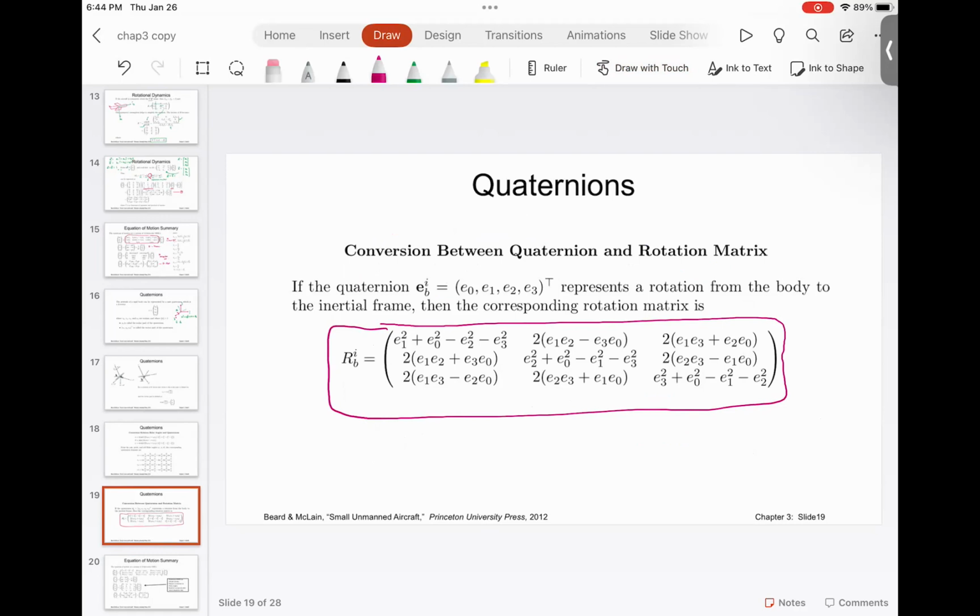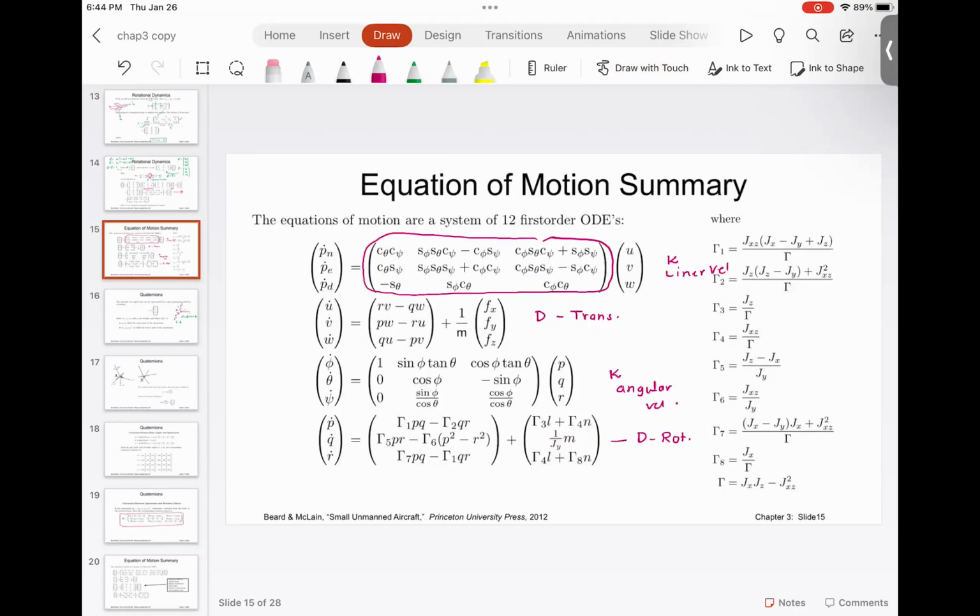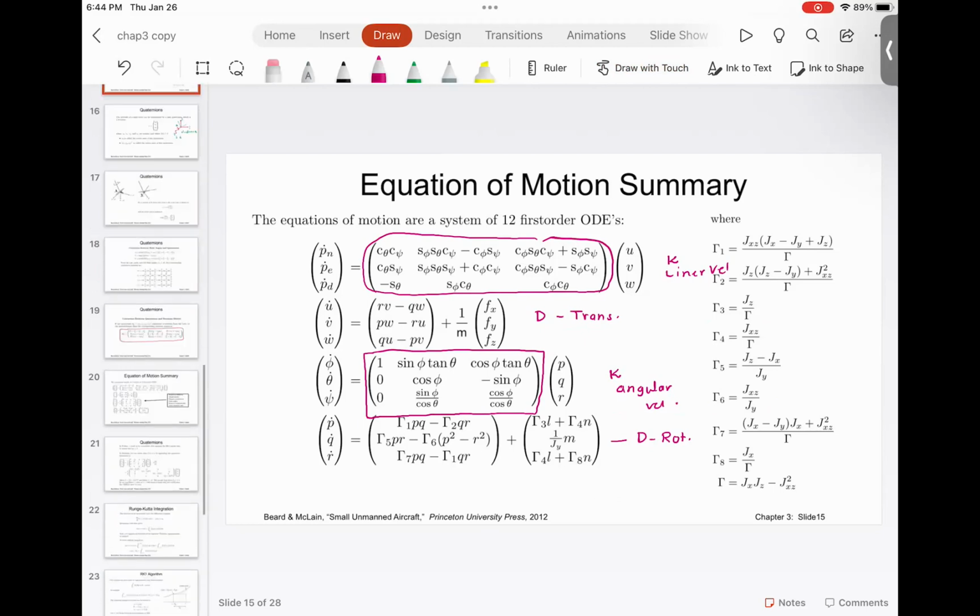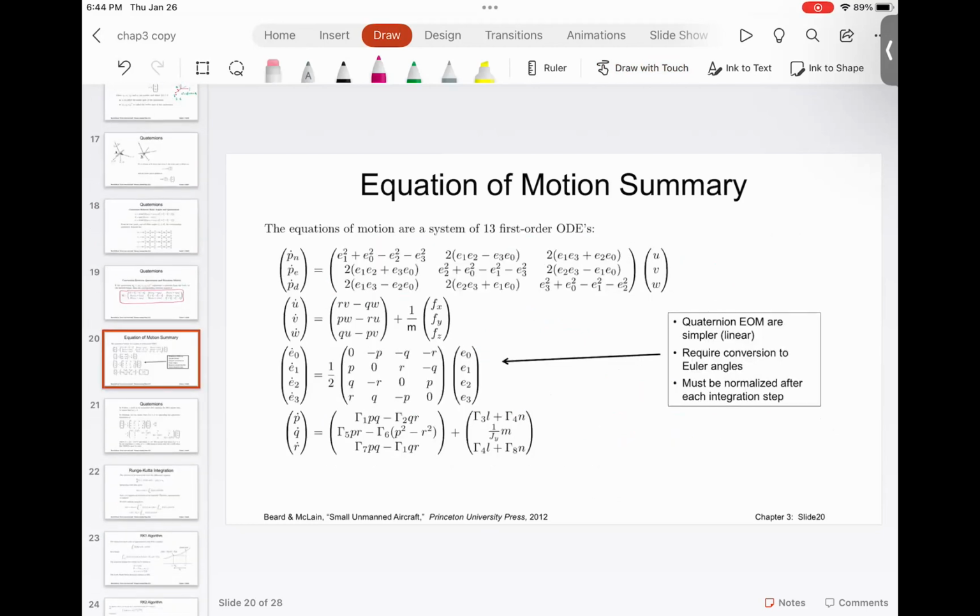And then again, you have this guy, because please understand, we don't want Euler angles. I don't want phi, theta, and psi. Instead, I want E0, E1, E2, and E3. I would replace that with this guy.